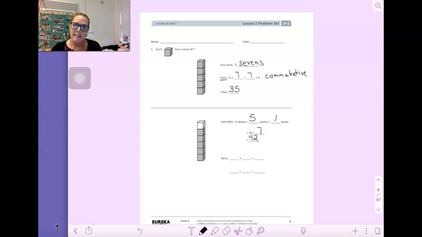So the fact is 6 times 7 equals 42, or we could say 7 times 6 equals 42. So once we know one of those facts, we know both of them.